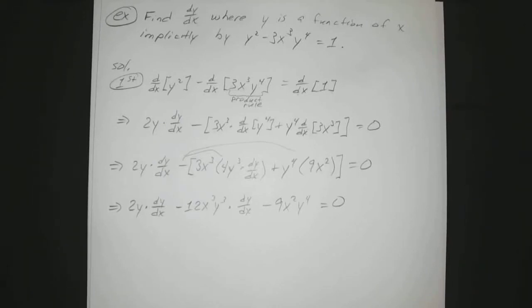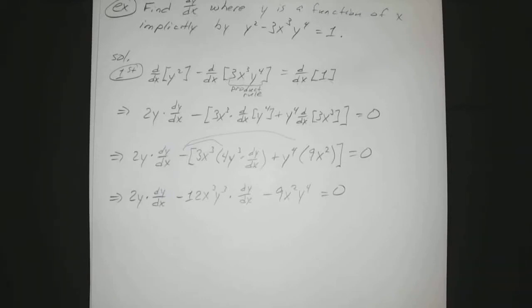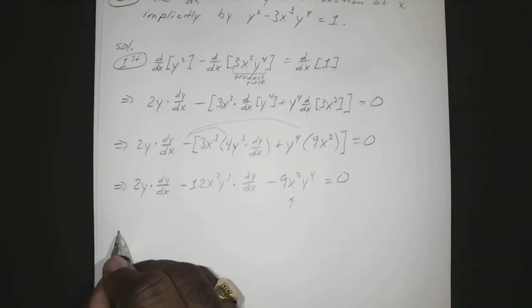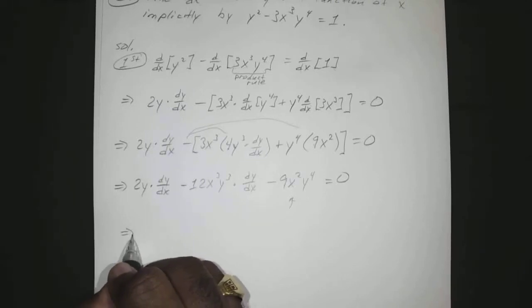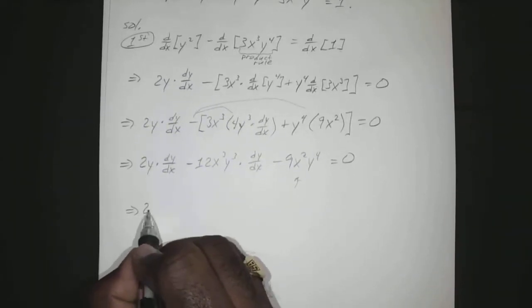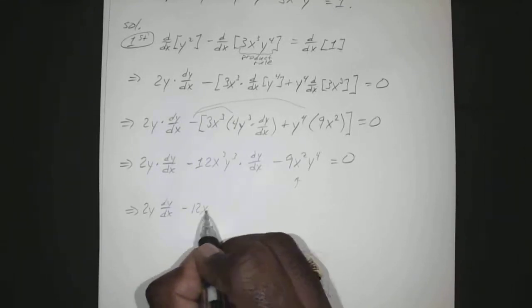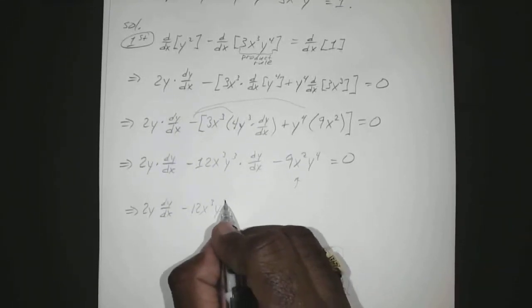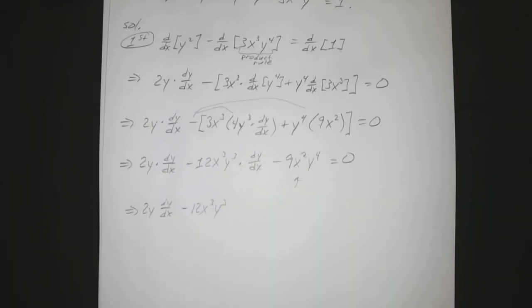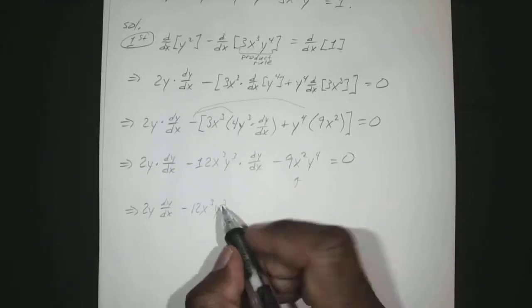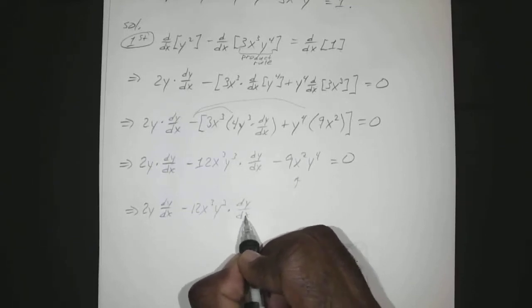Okay. So now this one, we have some dy/dx terms and other terms without dy/dx. So we want to get all the ones without dy/dx on the other side, which means we have to move this one. Okay, so let me rewrite that. dy/dx minus 12x to the third, y to the cube, times dy/dx.